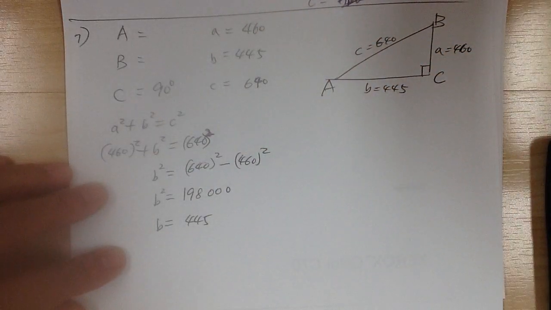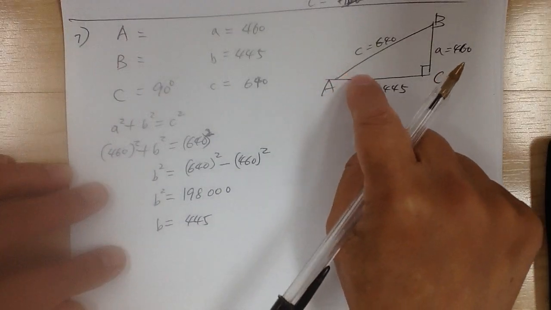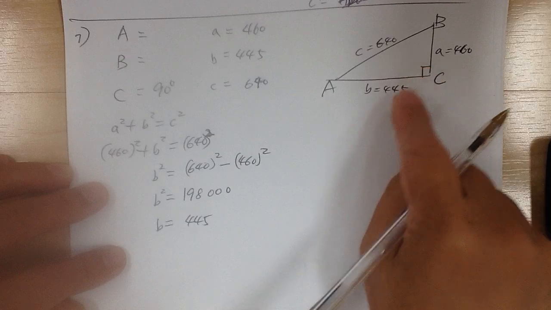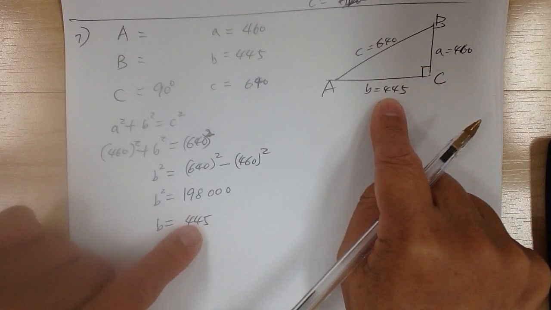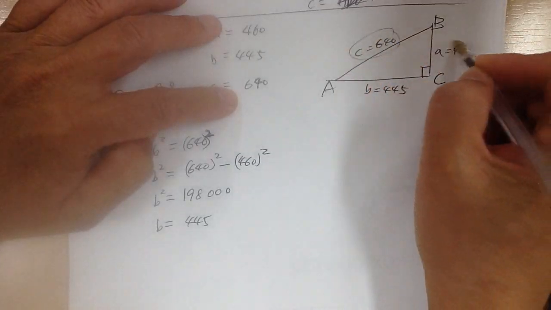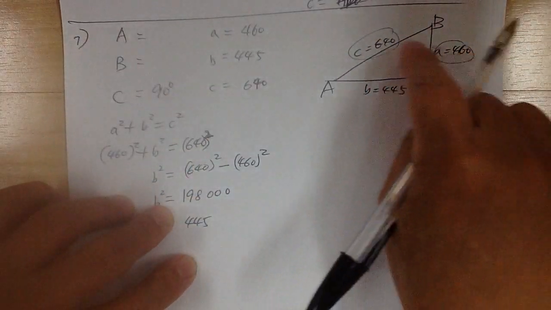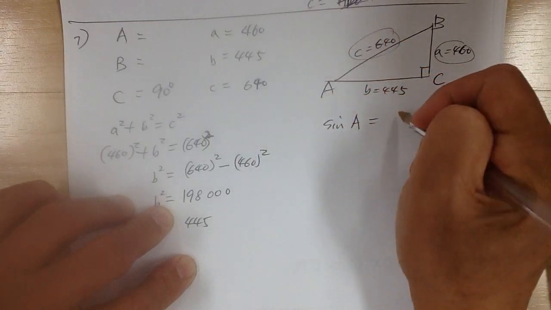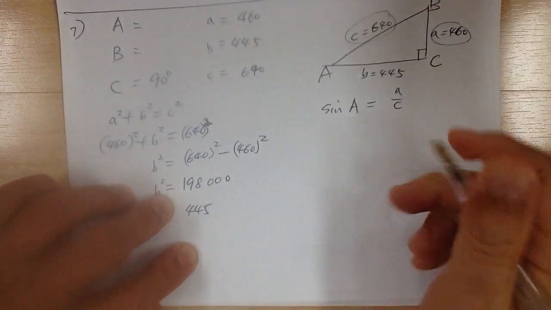Okay, so now let's look for the angle A. Right now you got all 3 numbers, right? But remember, this one is kind of calculated, so it's off a little bit. These 2 are given. Okay, so a and c are given, so we're going to use a and c. So a and c is your sine function, so you're going to get sine A equals a over c.